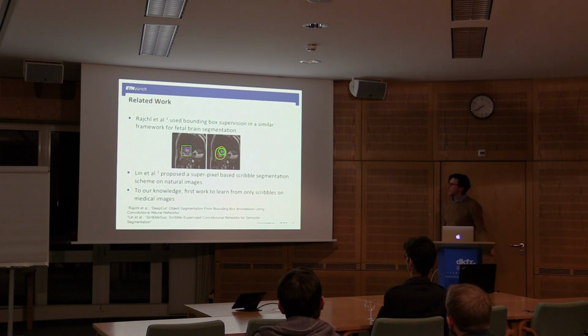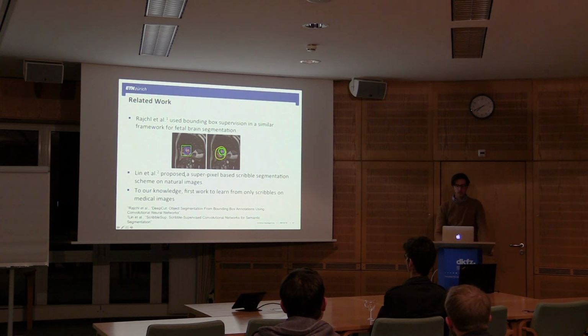First, some related work. We are not the first ones to think about this. For example, Rajchl et al. did something similar using bounding boxes. However, we found bounding boxes in this particular case a little bit awkward because the structures overlap a bit, and it's not immediately clear what you should do with these large areas that are part of all of the structures.